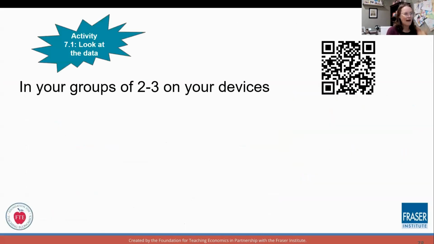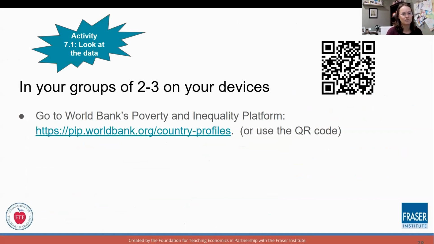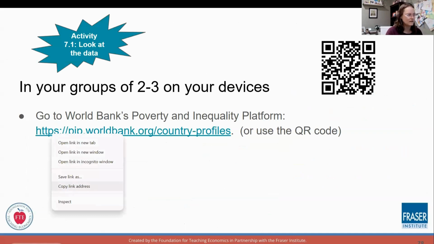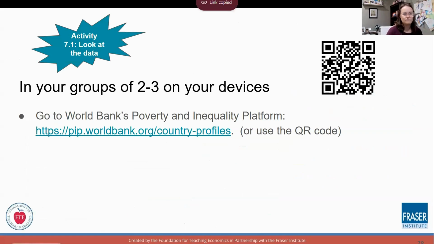Okay, so we're going to go back to looking at the data because I think the data is really important and I want you to mess around with this. You can either search World Bank's Poverty and Inequality platform, use this QR code, or I will copy the link and put it in the group chat. So there are 3 ways to find it.